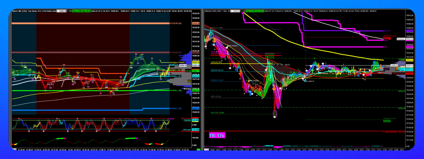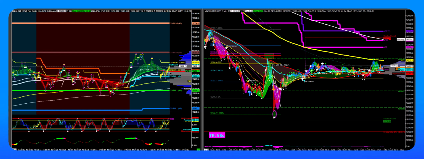So basically, if we are 10 to 15, okay, that's a pretty normal range to trade. And pretty much, I'll say up to 18, okay?